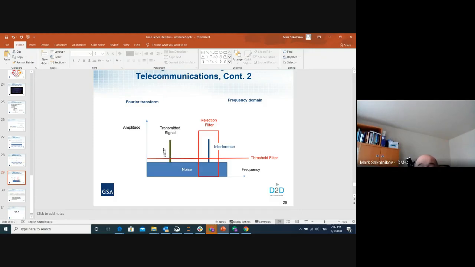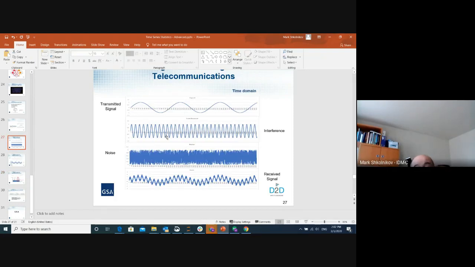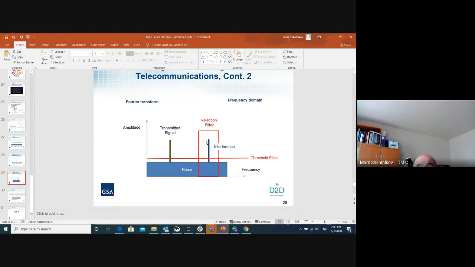But again, it will be mostly confined to some area of frequencies. In my example, the interference was, again, intentionally a sine wave over different frequencies. So here we got another very, very clean picture.